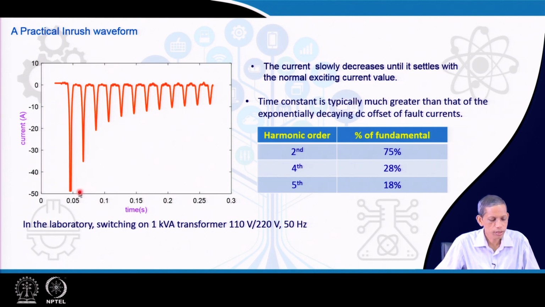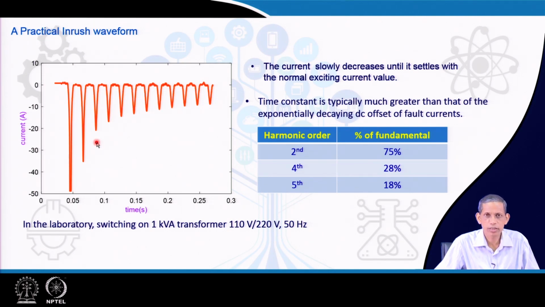But initially this current becomes substantially high, and the associated time constant of this so-called inrush current is much larger than the time constant of the exponentially decaying DC, which we have already understood for the fault situation.